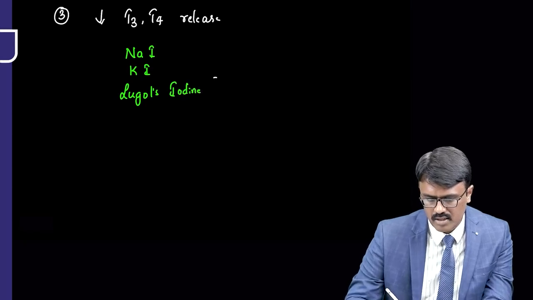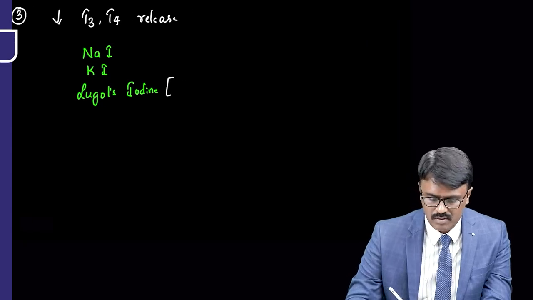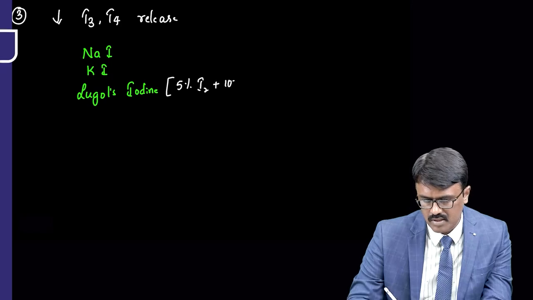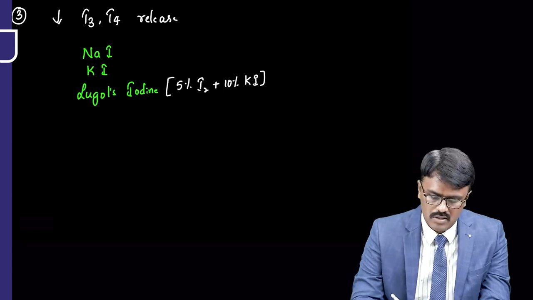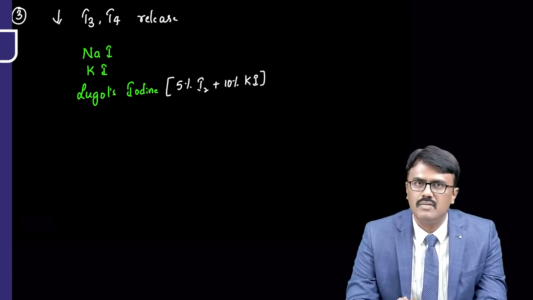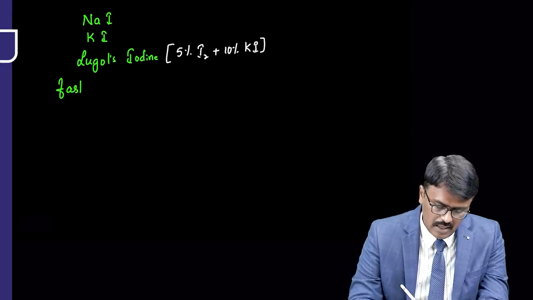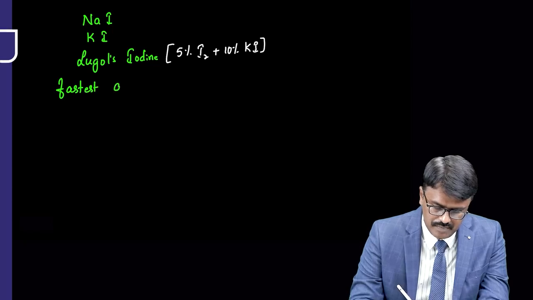Now this Lugol's iodine is made up of 5% iodine plus 10% potassium iodide. Now these decrease the release of thyroxine, and these are the fastest acting antithyroid drugs.